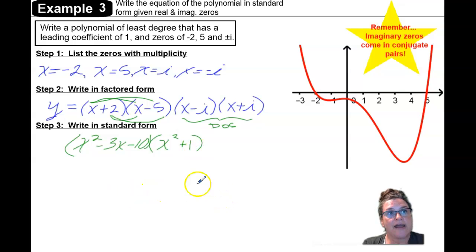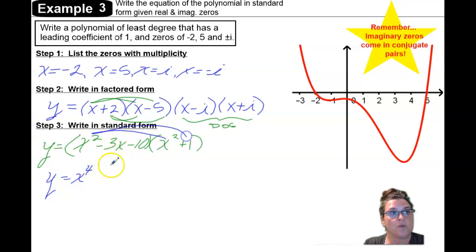And now we can go ahead and expand by doing repeated distribution. So we're going to distribute x squared times x squared, and that is x to the 4th. And then we have x squared times 1 is a plus x squared.